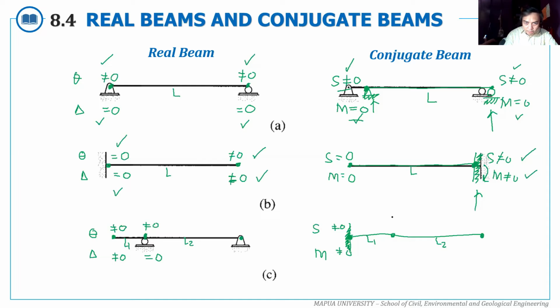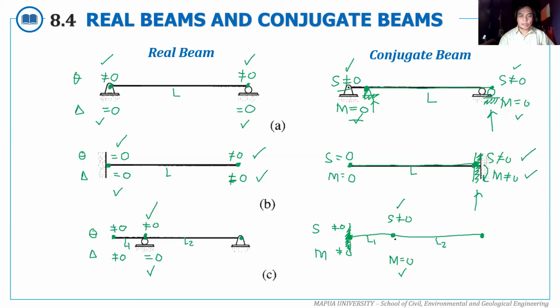Yung shear hindi 0, pero yung moment dito must be 0. Galing dito sa dalawang to. Okay? So, tanong, anong gagawin ko sa point na to para maging 0 yung moment, pero may shear force?